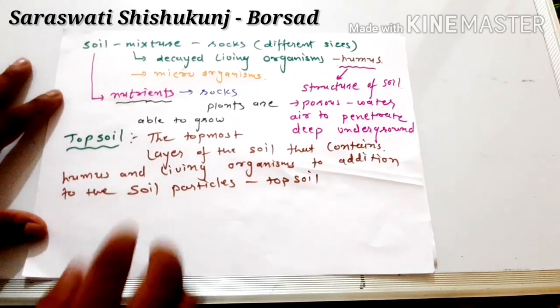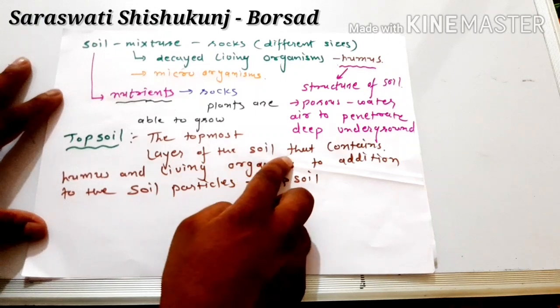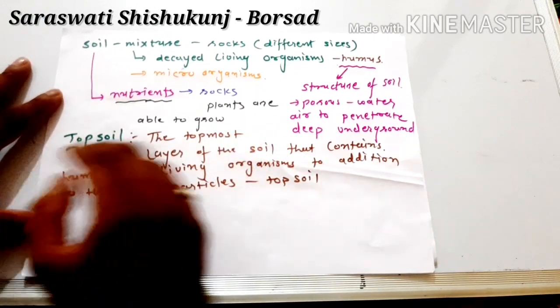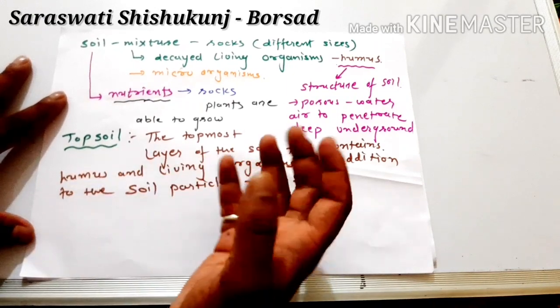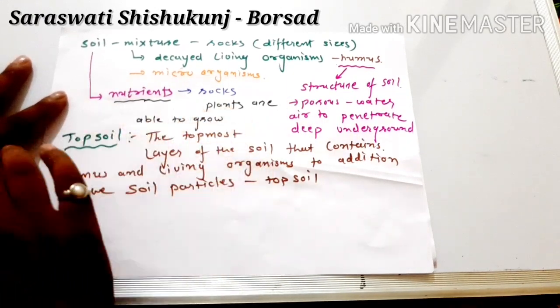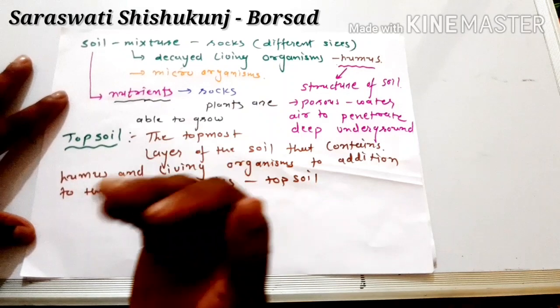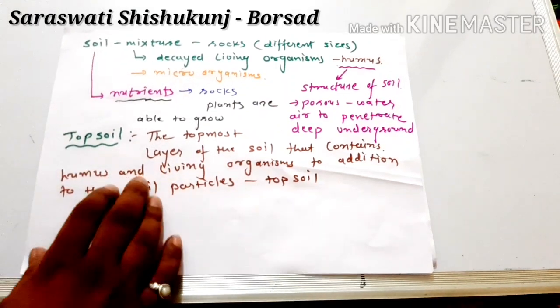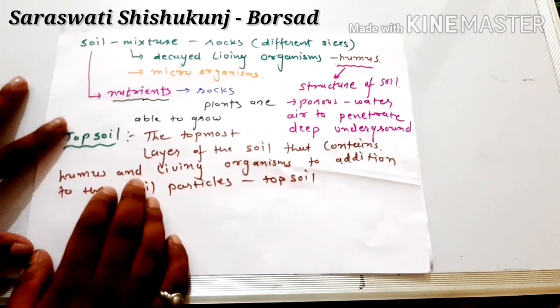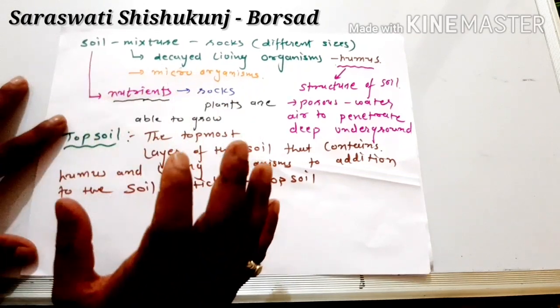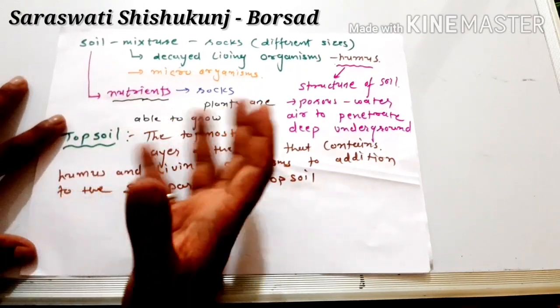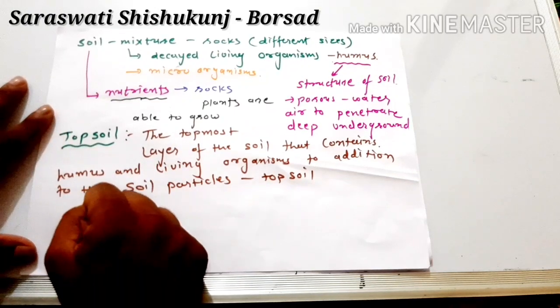It's important. Topsoil is a layer of the soil which contains humus and living organisms, and also some nutrients, right? So the layer of soil which contains humus and living organisms is called topsoil. And the quality of the topsoil is an important factor in deciding the biodiversity in that area, right?